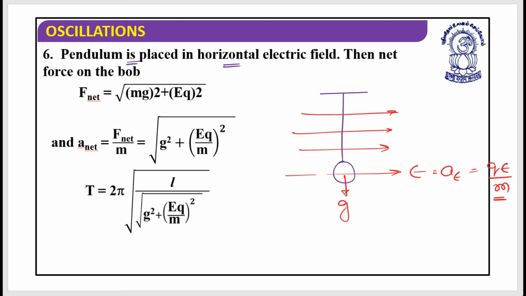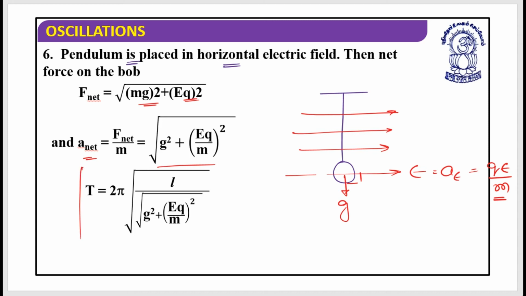So the net force will be equal to under root of mg whole square plus QE whole square, and from this we get a net. Here we have two vectors and both are perpendicular to each other. So this a net could be given as under root of g square plus QE by m whole square.